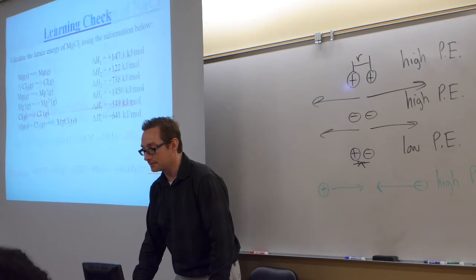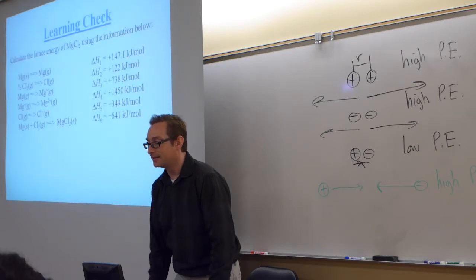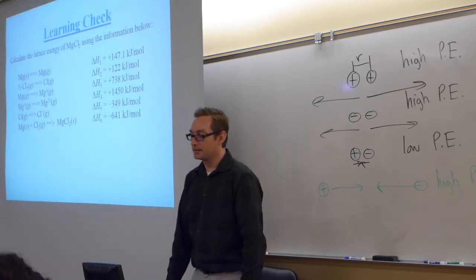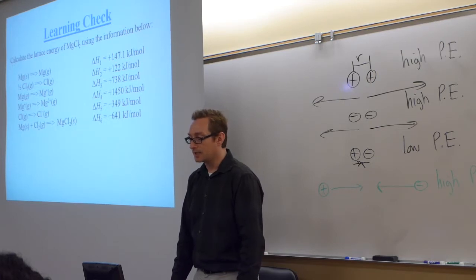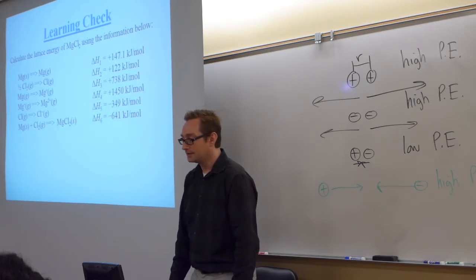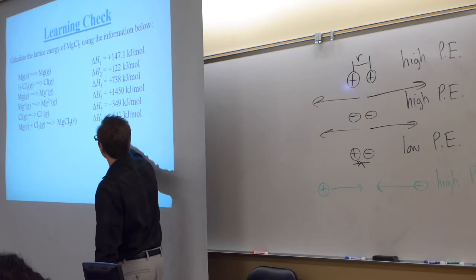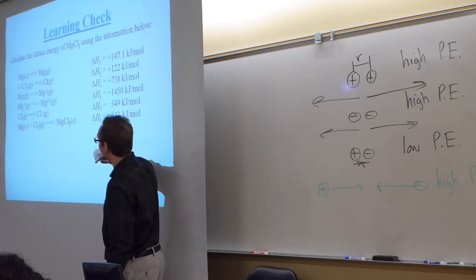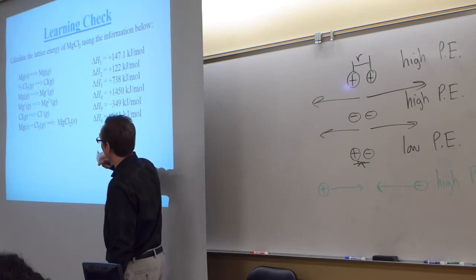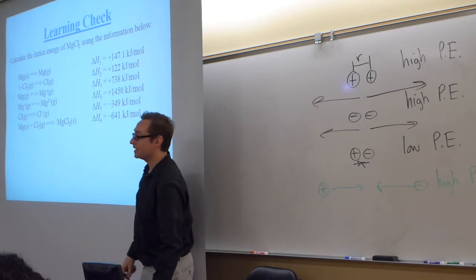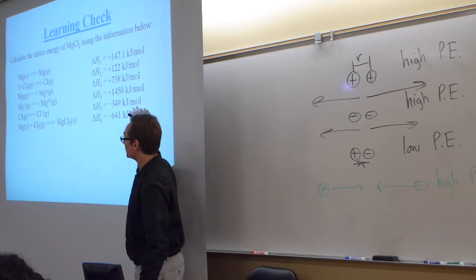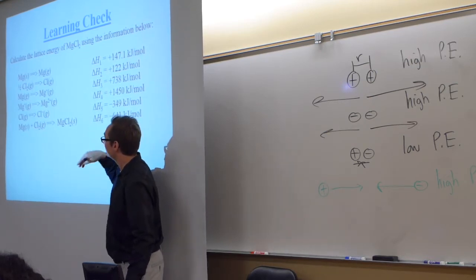Let's do another example. I think you could use one. Calculate the lattice energy of magnesium chloride using the information below. Here you've got a bunch of reactions listed. It shows it to you in a slightly different way now. It doesn't have the lattice energy reaction written in here.